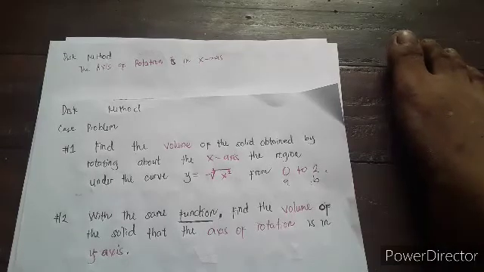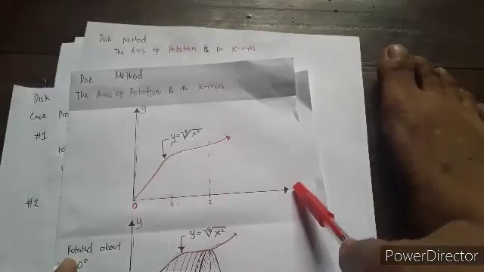I have a graph for better understanding. The axis of rotation is the x-axis, and we have a graph according to the problem. The arrow here is along the x-axis.